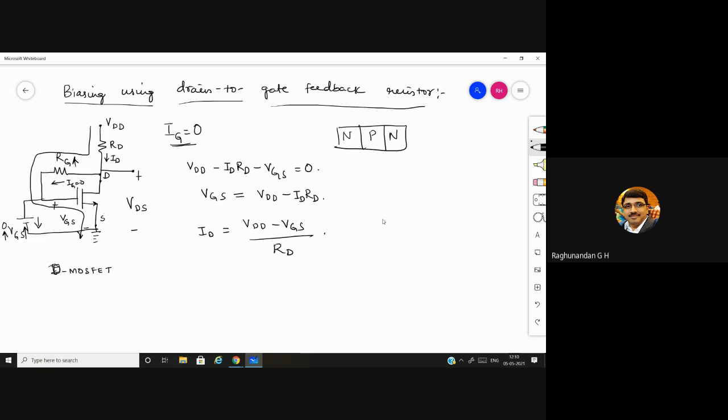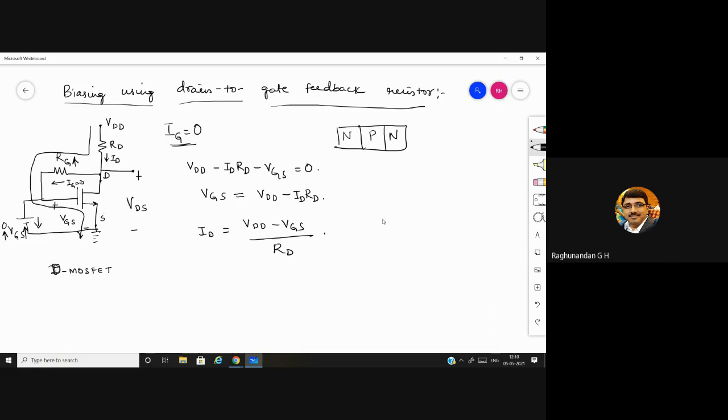So this is about the biasing using drain to gate feedback resistor. And you may ask me, okay, you are having VDD minus VGS. Yes, VDD minus VGS we are having, but this VGS is a fixed value. It will not keep on changing. So here we don't have much effect, since once we fix VGS, the current will not be affected.